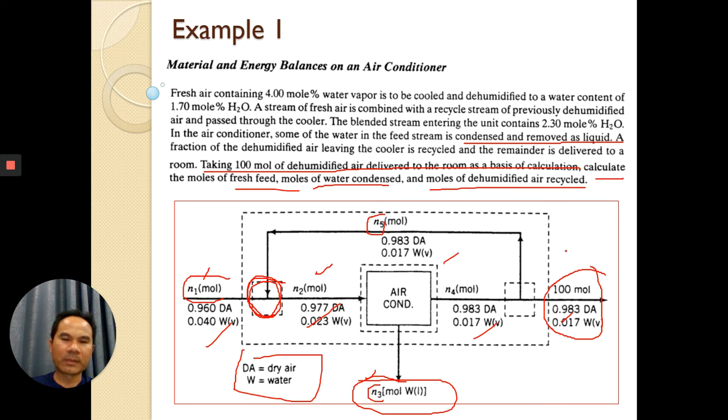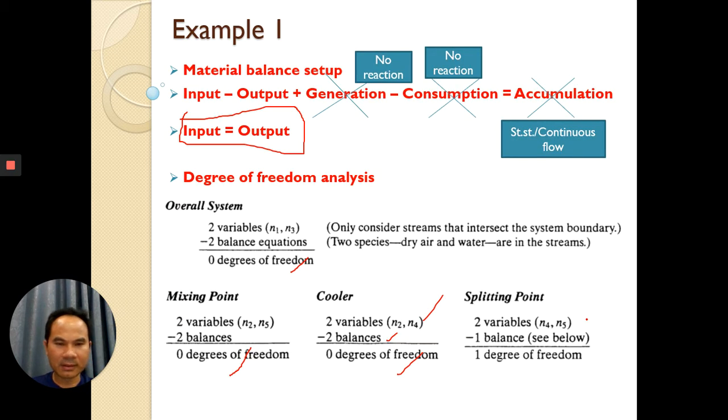We have two unknowns and only one balance, because it is the same composition in the recycle stream. Not two, only one, because it is the same composition. So with N4 known, it should be 0 degree of freedom.